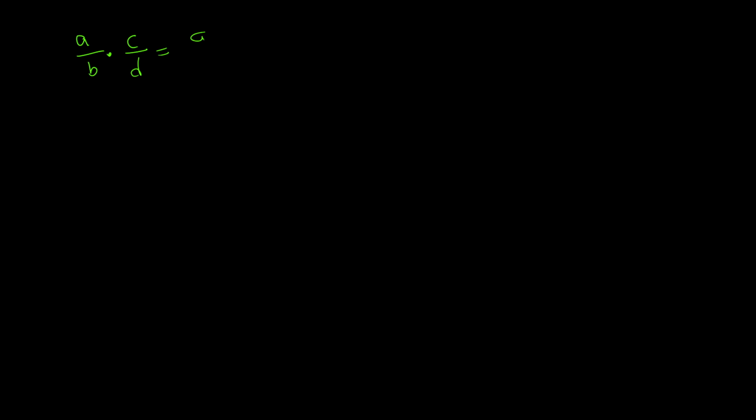We multiply the upstairs, and then we multiply the downstairs. And so they blend in an upstairs to upstairs fashion. So, for example, negative 2/3 times negative 9/4, and negative times a negative is going to be positive, and that's going to give me 2 times 9 over 3 times 4.